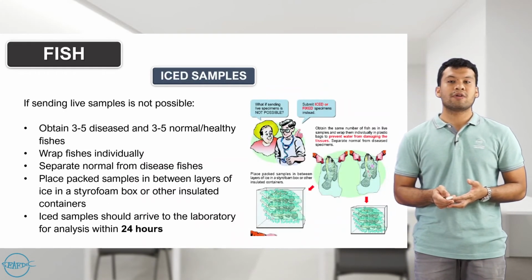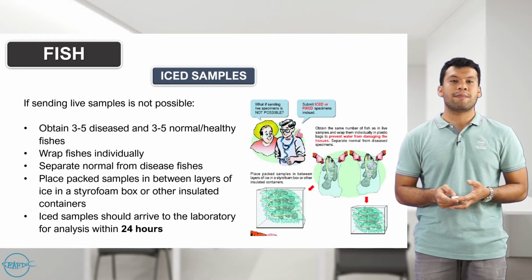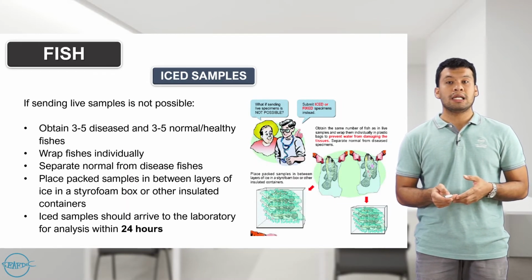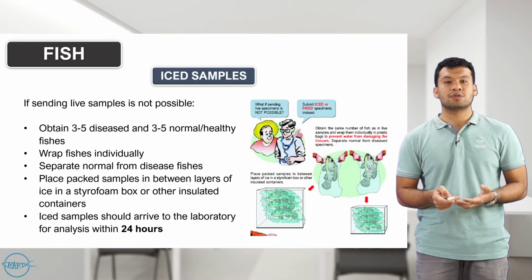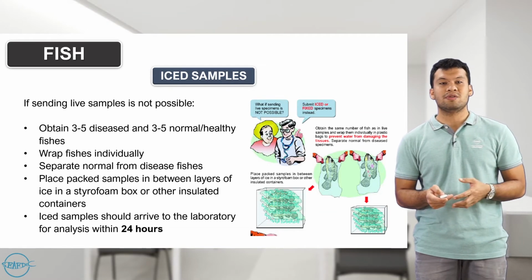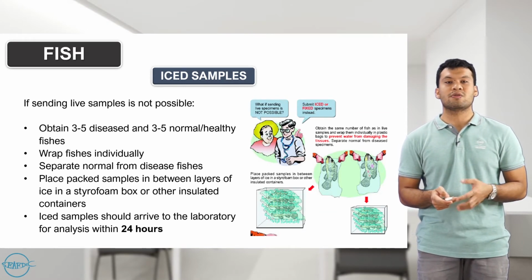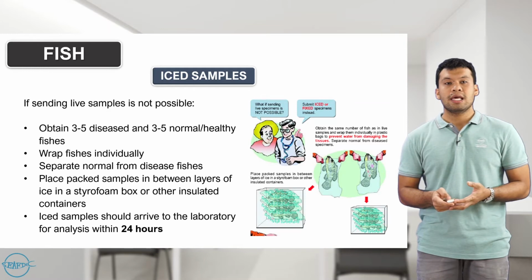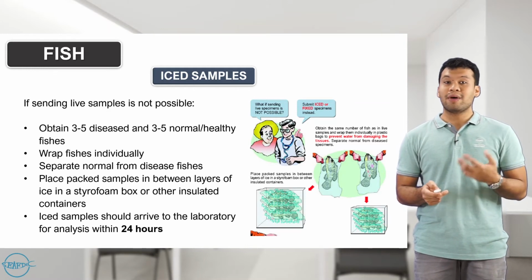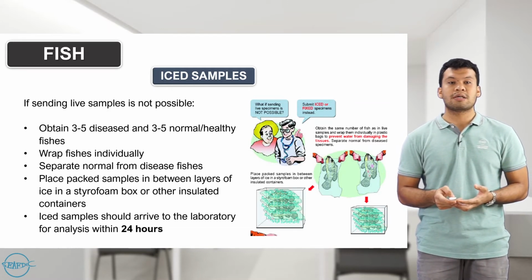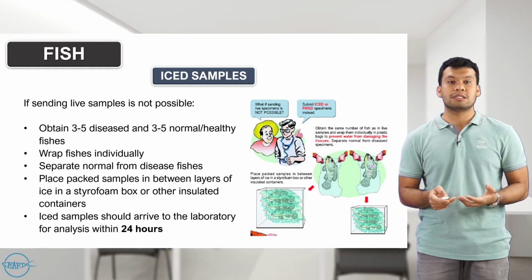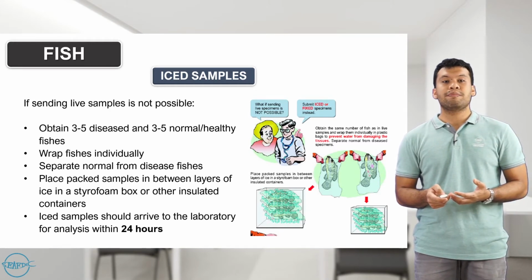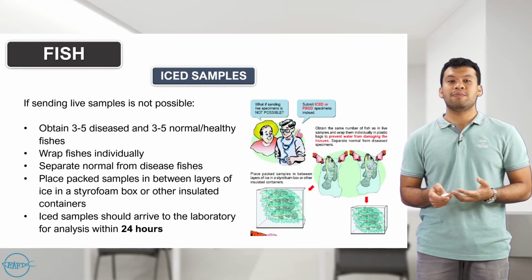Then for iced samples, if you fail to submit live samples, you can always use iced samples. You need to obtain at least 3 to 5 deceased and normal fish again, and wrap them individually, separating your normal from your deceased ones. Place your packed samples between layers of ice.